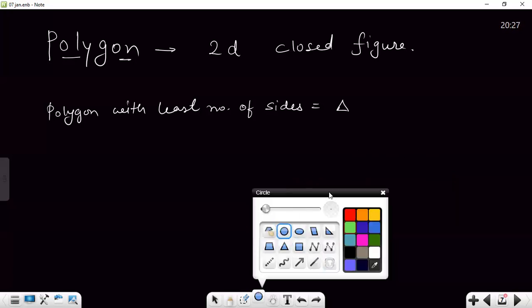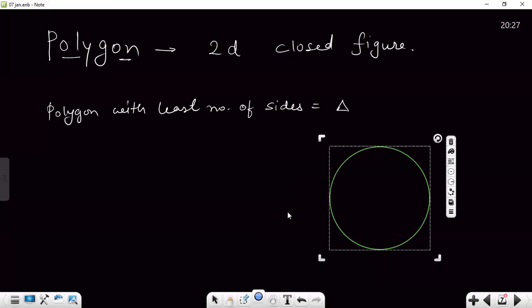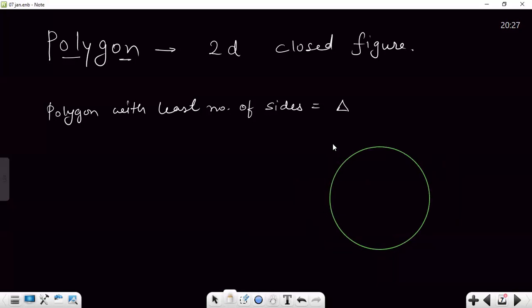How many sides does a circle have? Not defined, right?